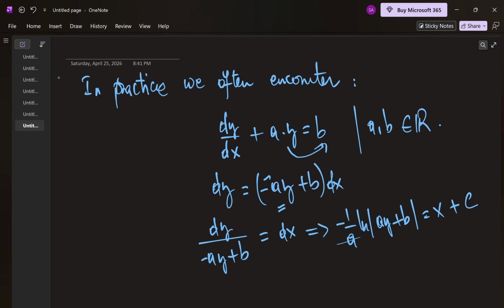You multiply by minus a, you will get ln of, when you do the integration here, what do you get?